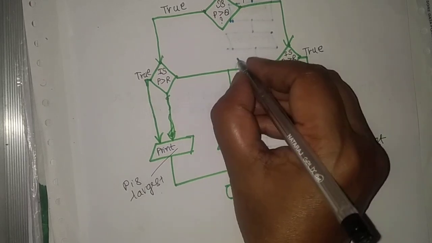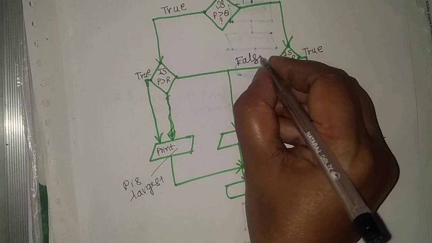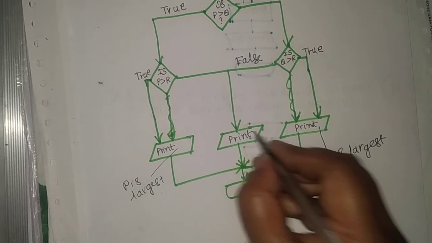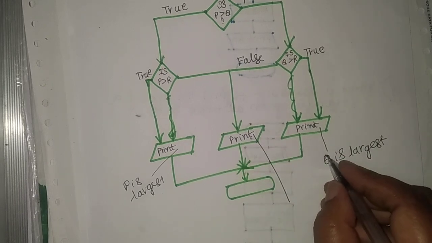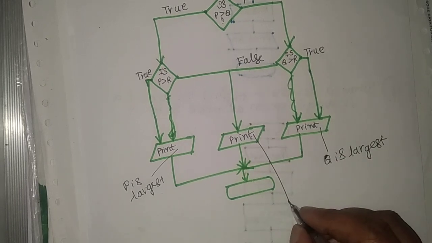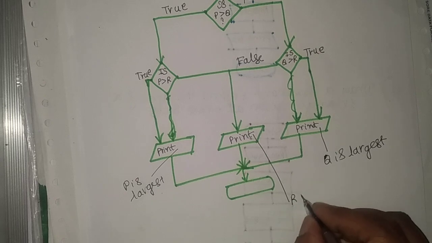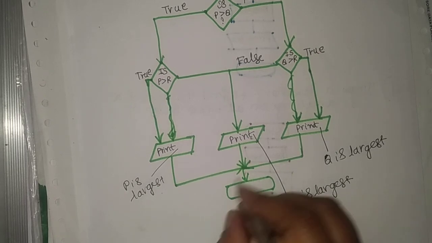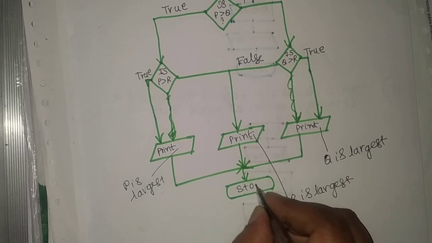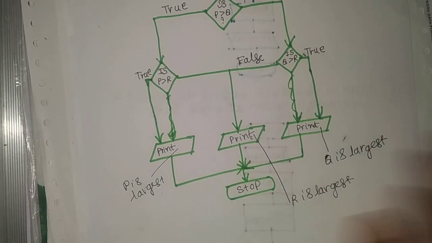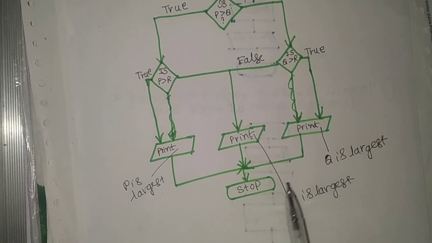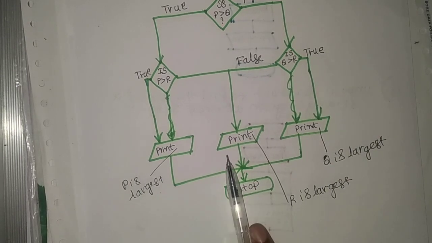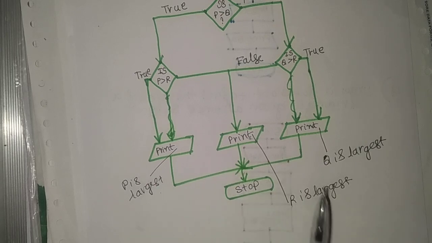Otherwise, if it's false, then print R is largest. Last statement is stop. Out of 3 numbers, we have to calculate which is the largest. After each largest statement it comes to stop. So all the connections end here.